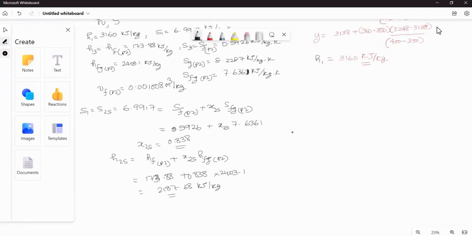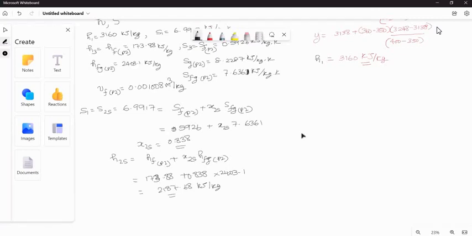Now you can see the first question is: assuming an ideal process, find per kilogram of steam the net work and the cycle efficiency.